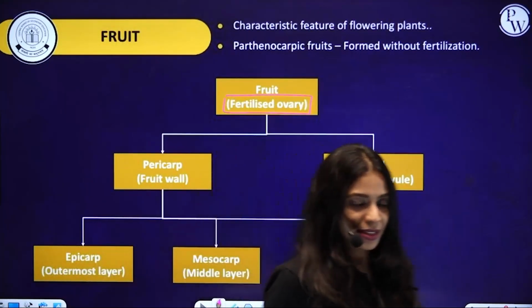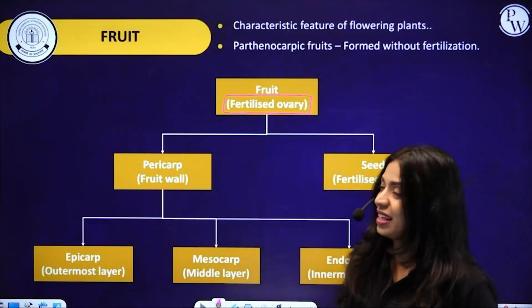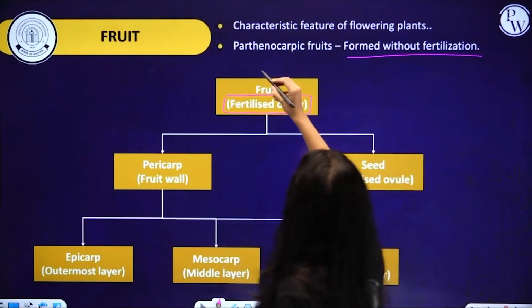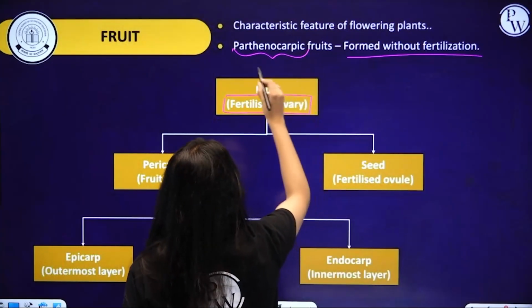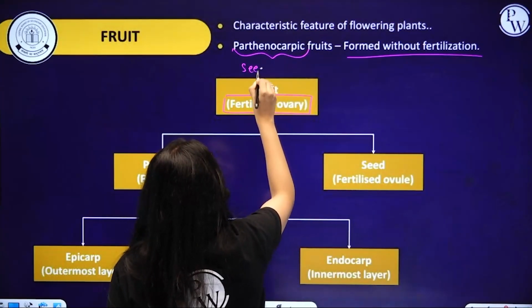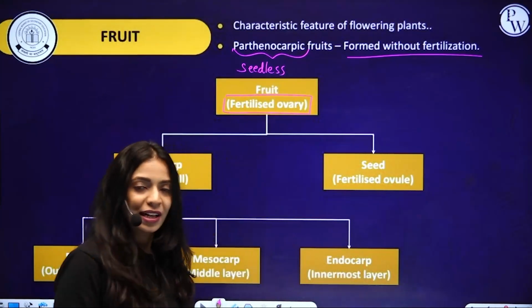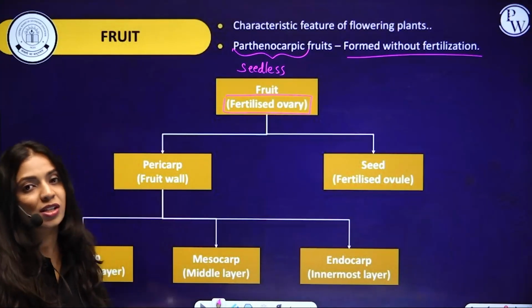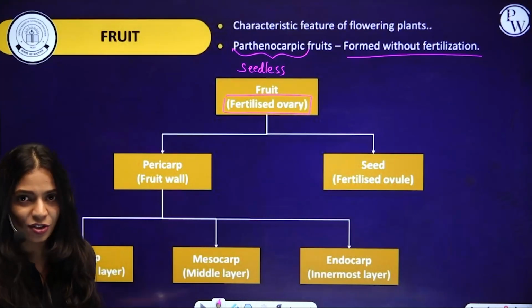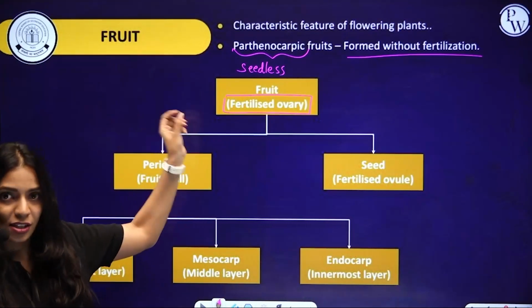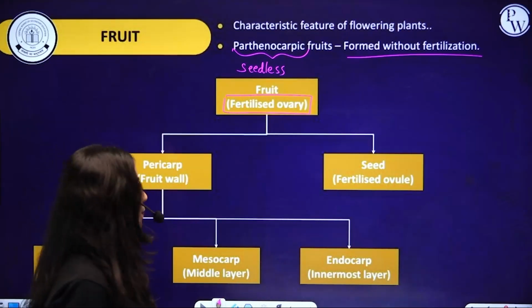But in some cases, fruits are formed even without fertilization. Such fruits are called parthenocarpic fruits, which will be seedless because fertilization has not occurred. Only if fertilization occurs, ovules are transformed into seeds. If fertilization does not occur, such fruits will not have seeds. Such fruits are said to be parthenocarpic.